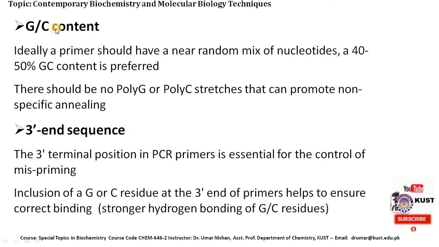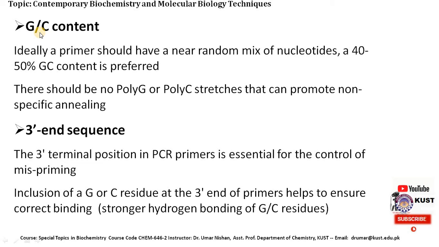Very important. Now, GC content. As you know, in the two DNA strands, we have two types of hydrogen bonding. One type is AT, that is double hydrogen bonding, and the other one is GC. GC obviously is stronger than AT because it is triple hydrogen bonded.